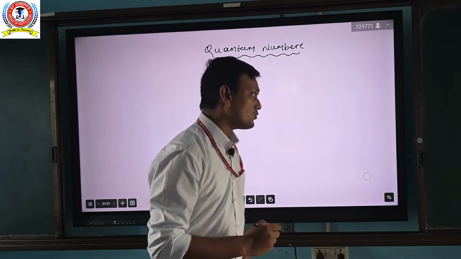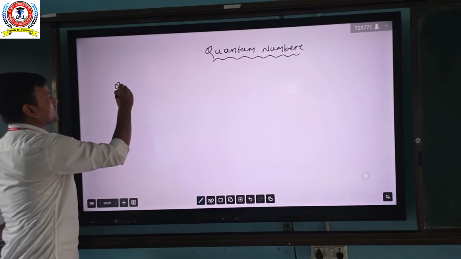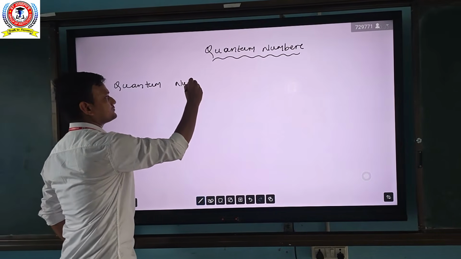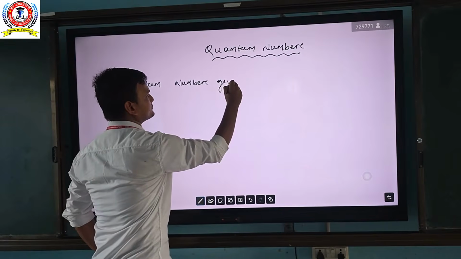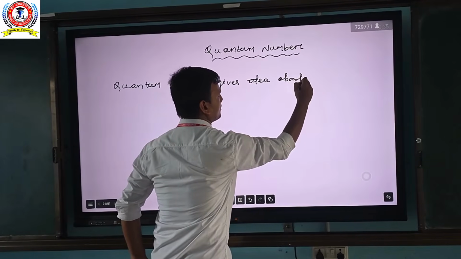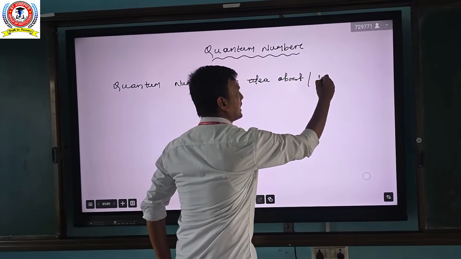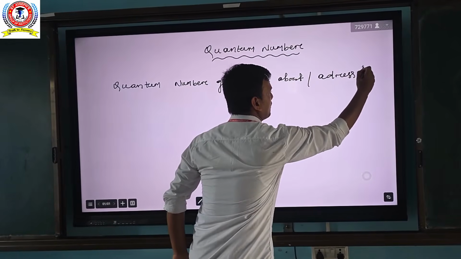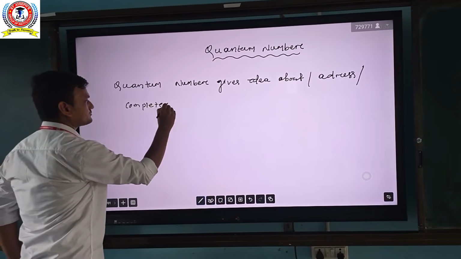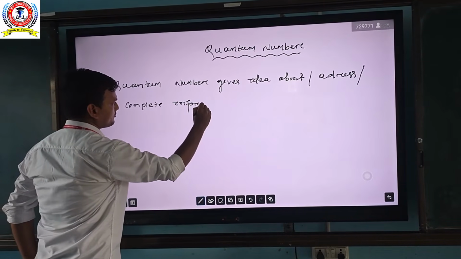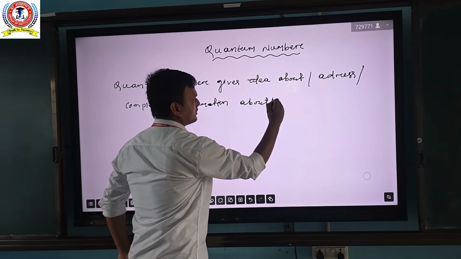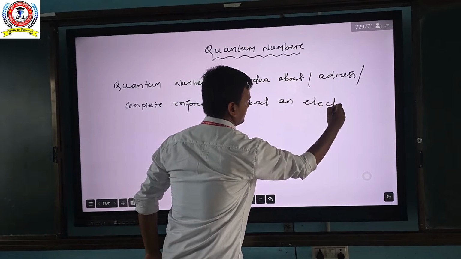That's why quantum number gives an idea about, or gives the address or complete information about an electron.